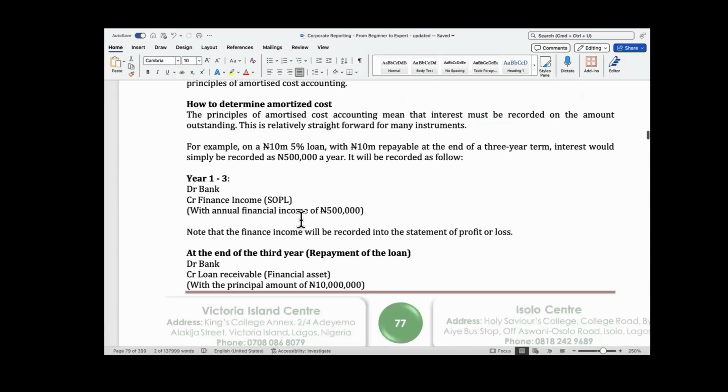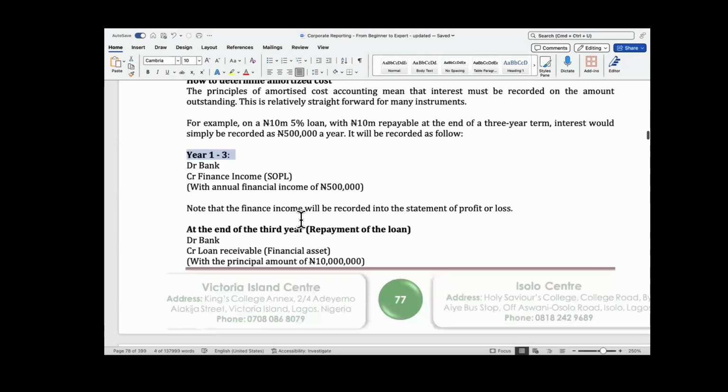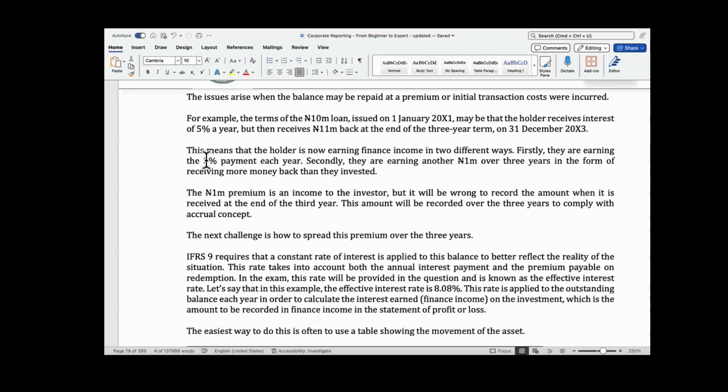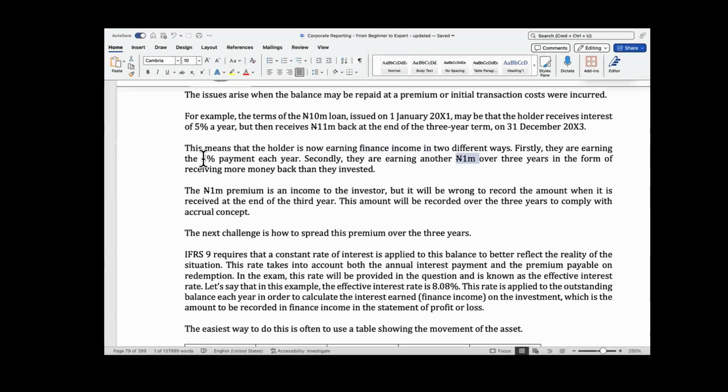So now the contention is this: the finance income now, as was rightly said, is the 5% and also the 1 million. However, there is no question about the 5%: we are going to recognize 500,000 as finance income every year.